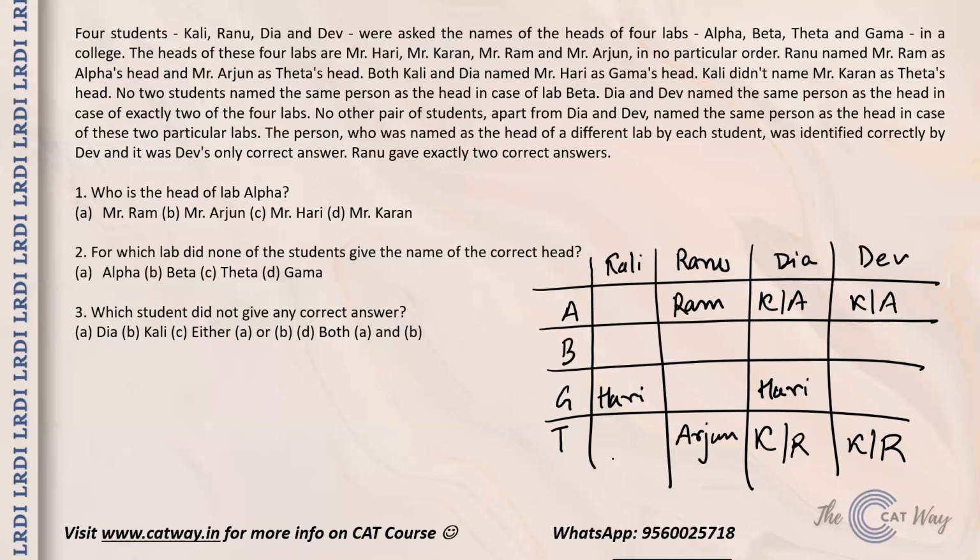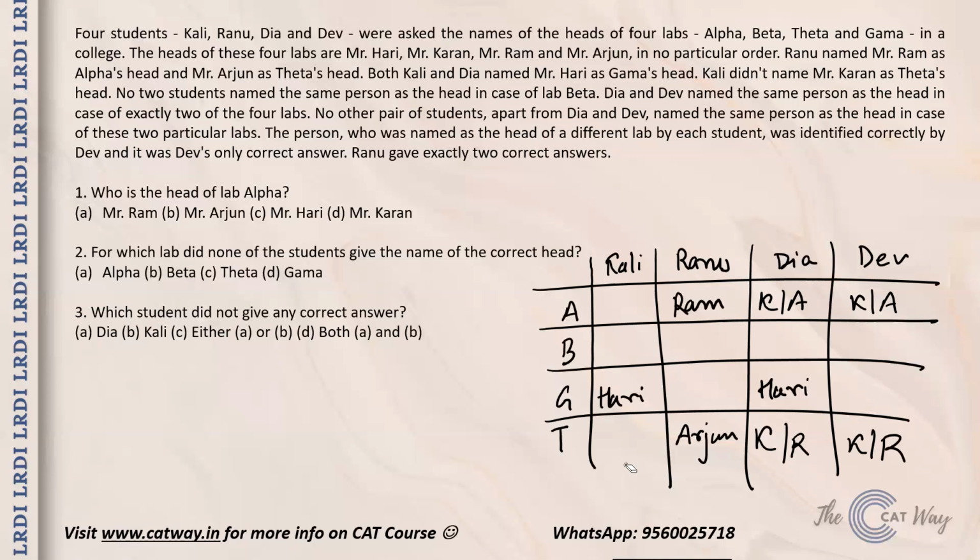Now talking about Theta, what we know is that Mr. Karan cannot have that name. Nor is it possible for Mr. Hari, and neither is it possible for Mr. Arjun. Why is it not possible for Mr. Arjun?